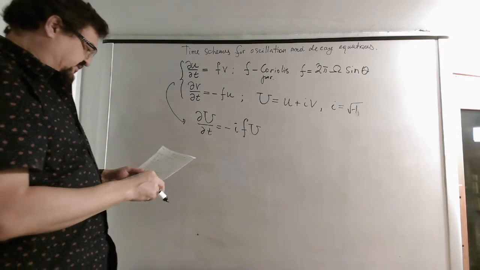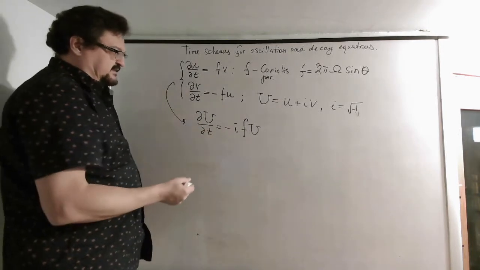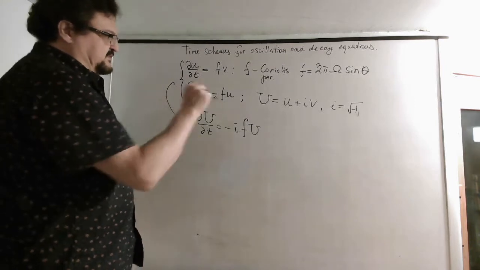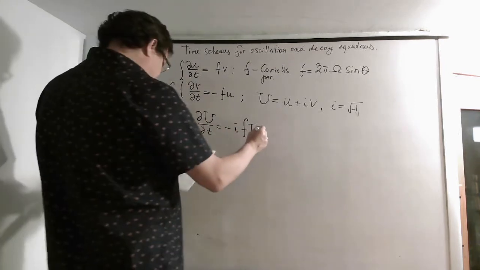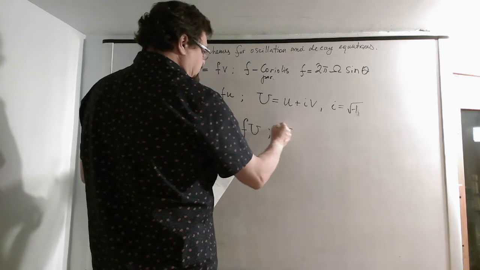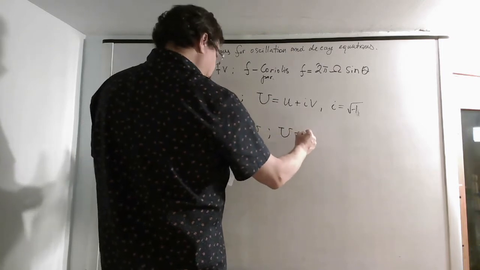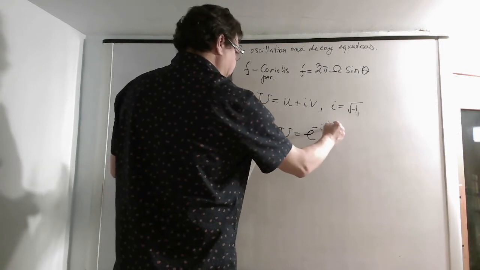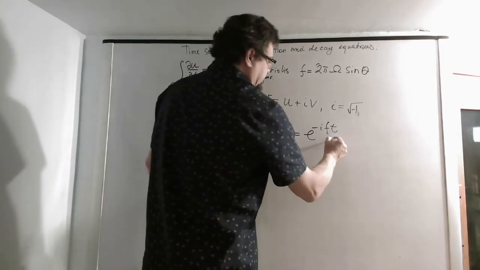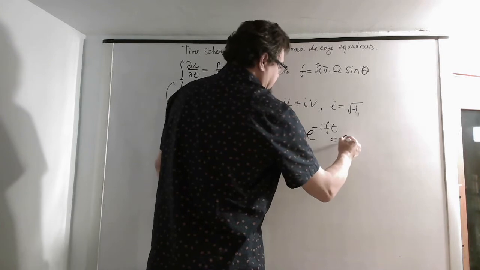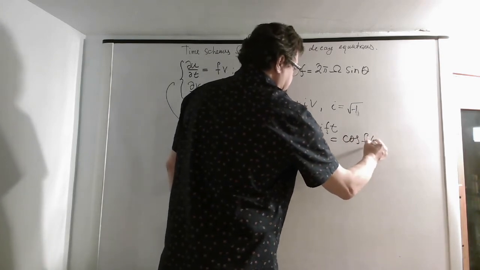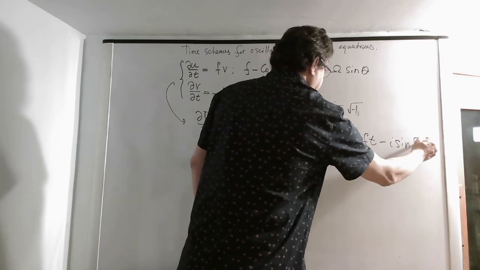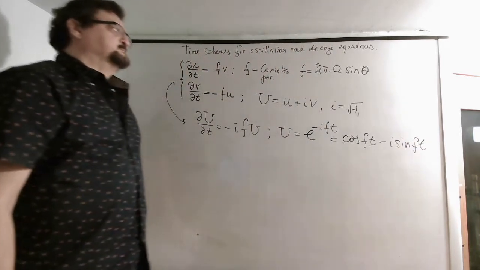And of course the solution of that is very easy, because if you assume that f is constant, it does not change with time, so for a specific place we get the solution u equals e to the power of minus i f t. Written as cosine and sine, it's cosine f t minus i sine f t.